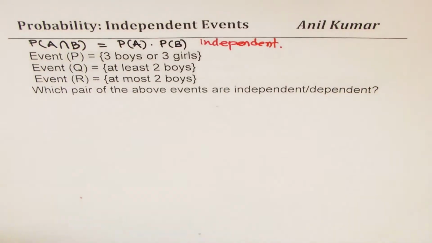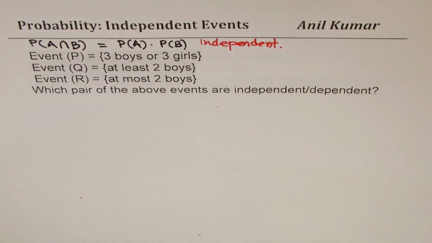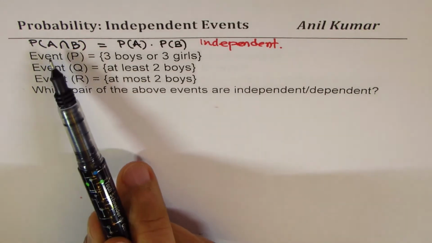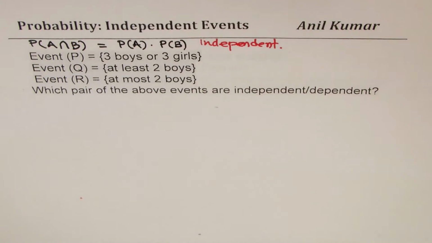Okay, so that is the definition, and that is the way to find whether given events are independent or not. Now this definition can be extended to 2 or more also, right?